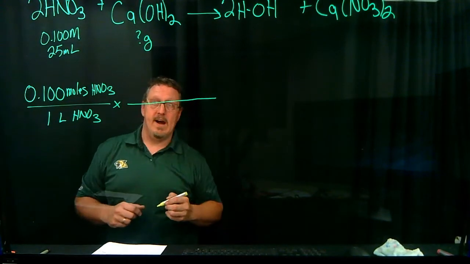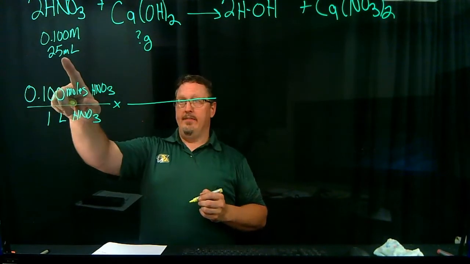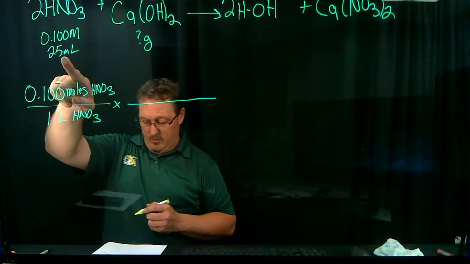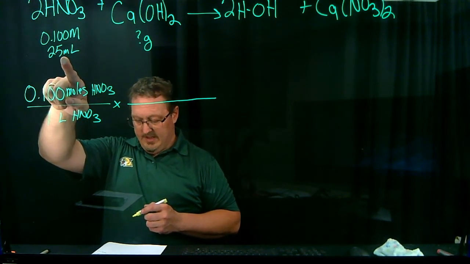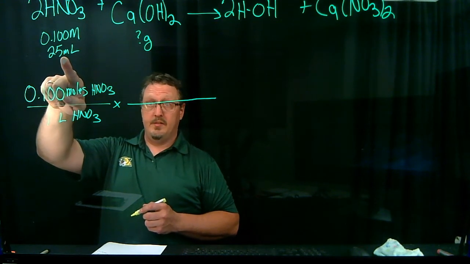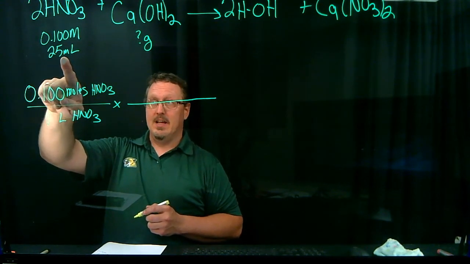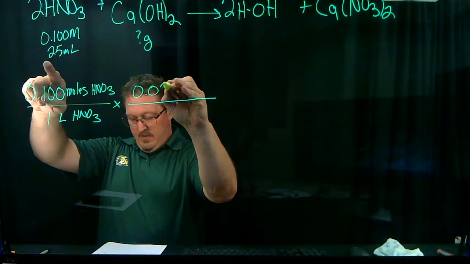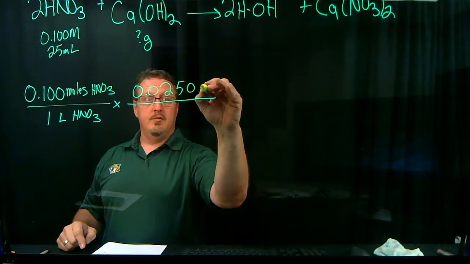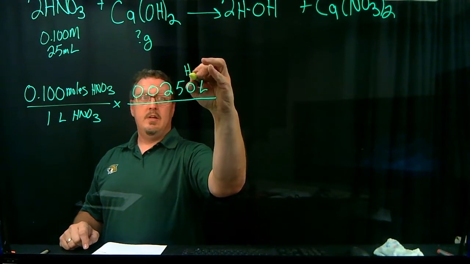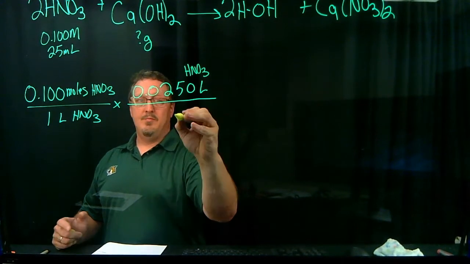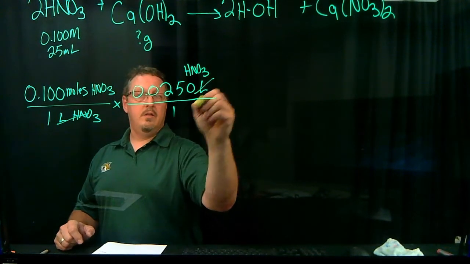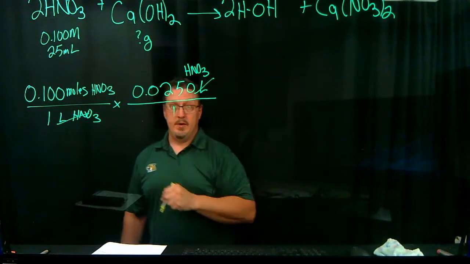I have a specific volume of HNO3. Let's convert that to liters. We move our decimal place 3 to the left, so this is going to be 0.0250 liters of HNO3, and I'm just going to put that over 1. So now liters are gone. I'm in moles of HNO3.